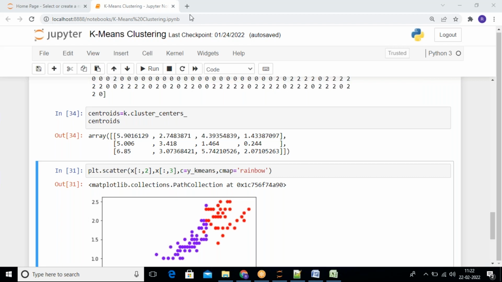Can anybody tell me what is SVM? Support vector machine. It's a classification algorithm.